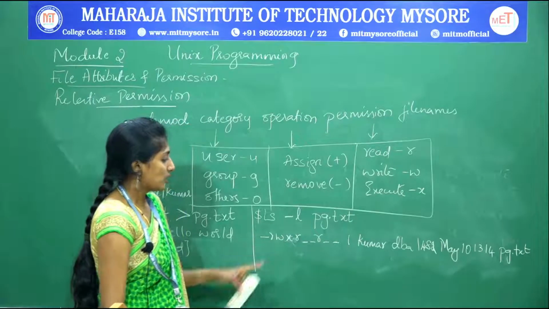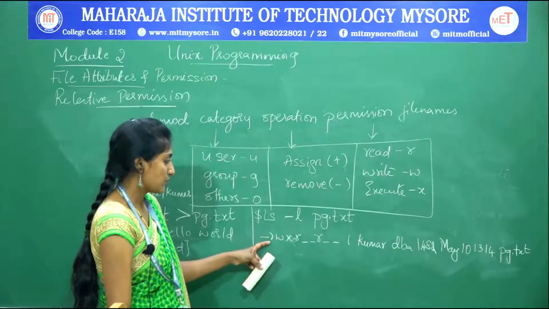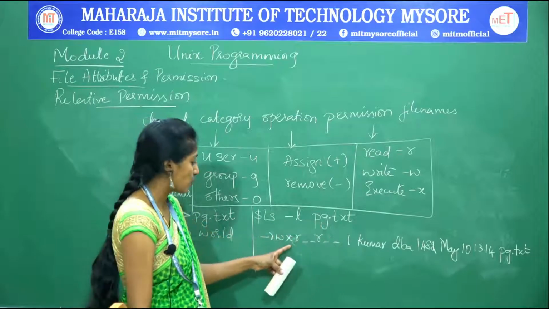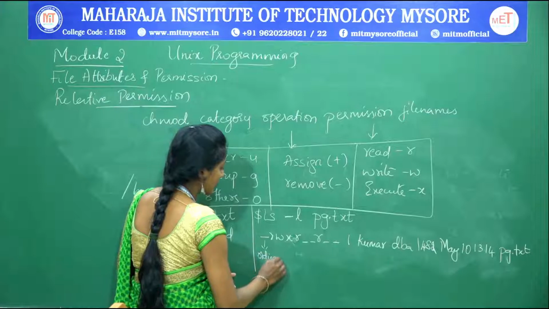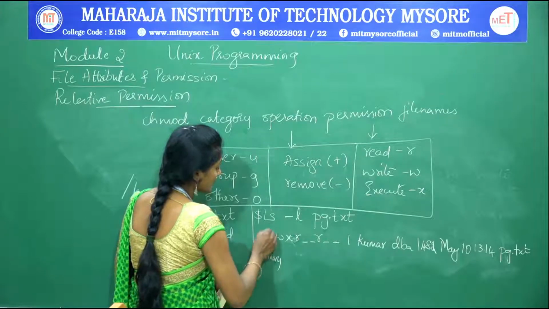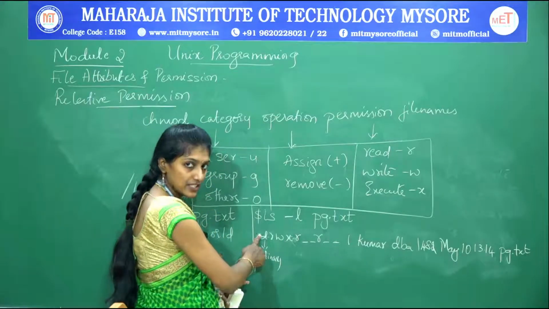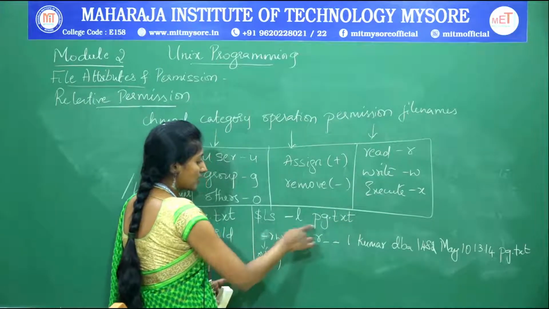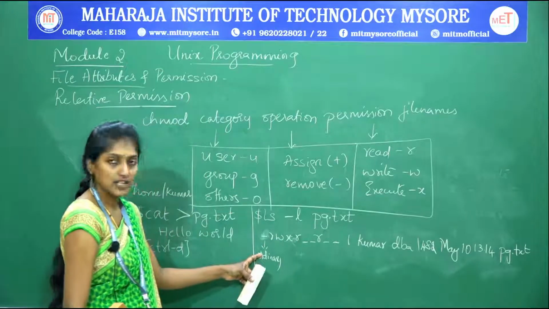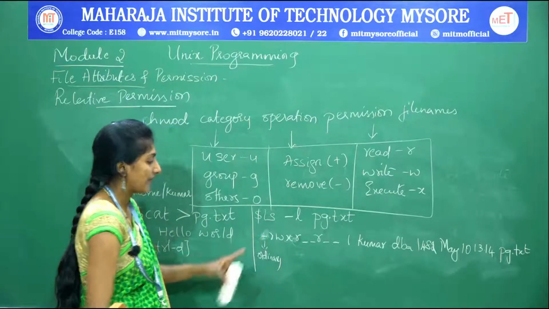Now, as you can see here, the hyphen represents an ordinary file. If it is D here instead of hyphen, it is a directory file, but since this is an ordinary file, it is represented with hyphen.